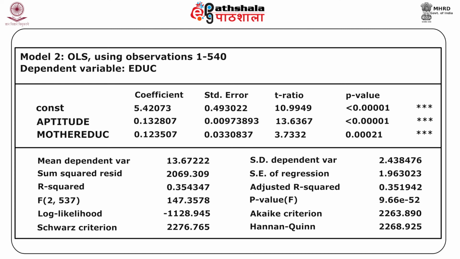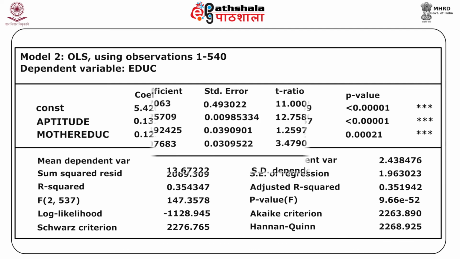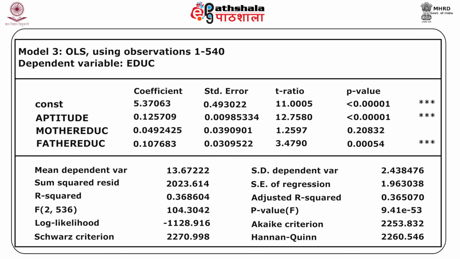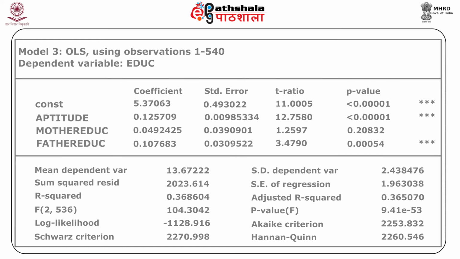Now, addition of any variable, whether related or not related to the model, will always increase R square. That is a statistical fact. So in model 3, we have the aptitude, the mother's education and the father's education. All three are included in this model. And although increased R square is indicative of a good model, such a method may not be desirable.